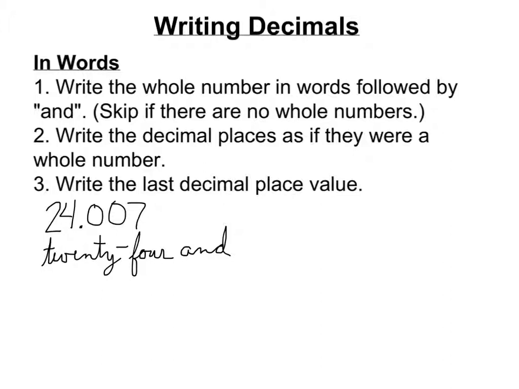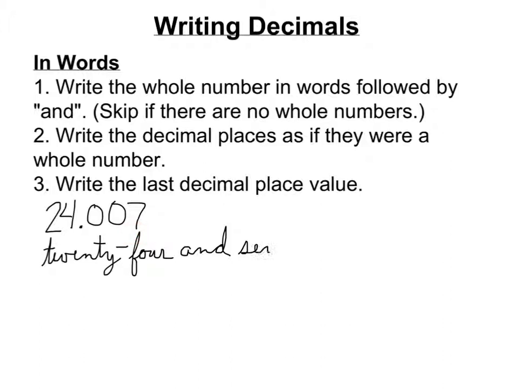That's step 1. Step 2, write the decimal places as if they were a whole number. So I've already taken care of 24, so I'm just going to look here at these decimal places. So I got 007. Well, if I treated that as a whole number, the zeros would disappear. So really all I have is 7.